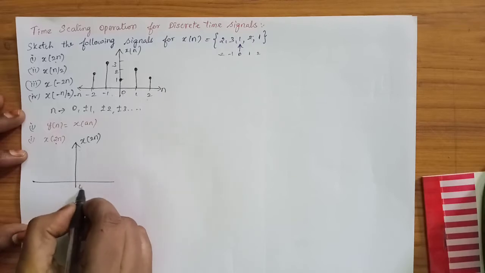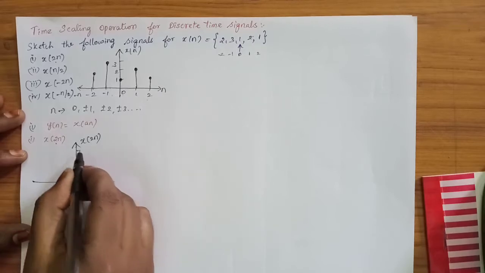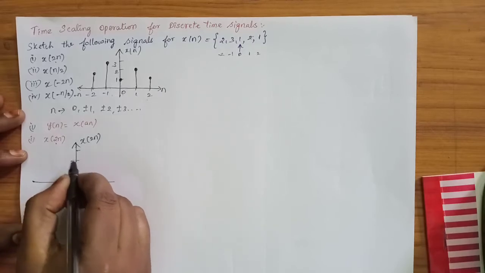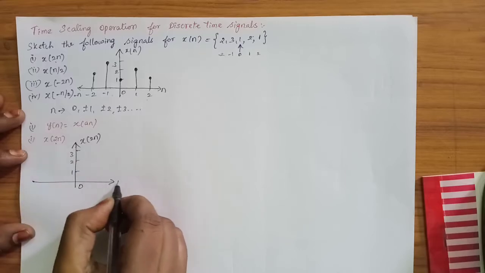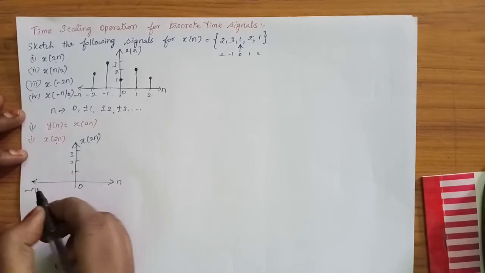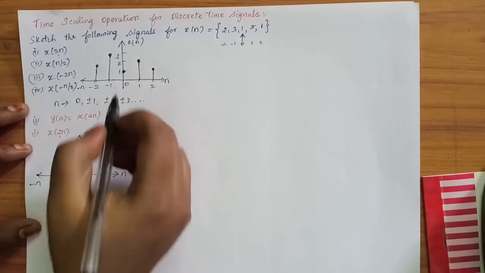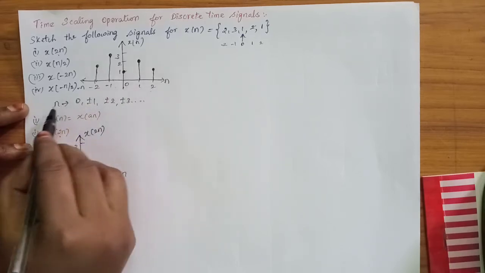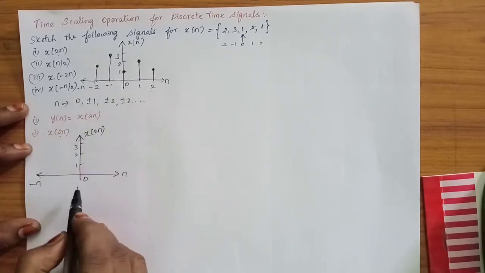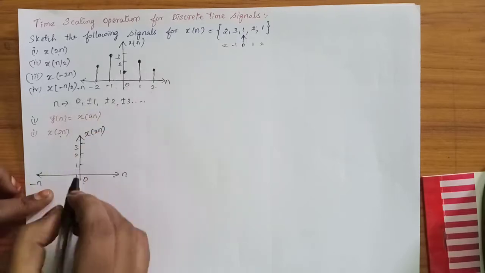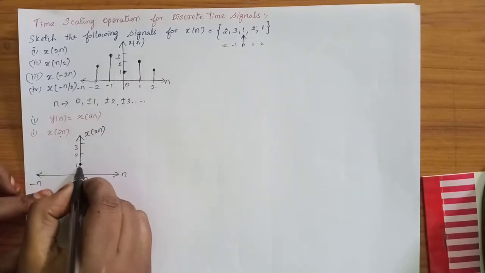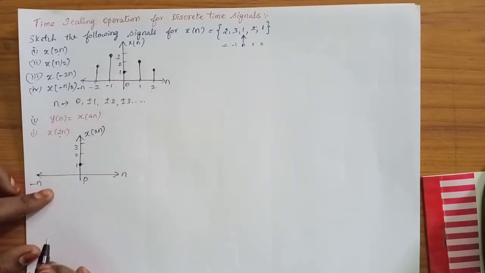X of 2n. Dividing the limits by 2, 0 by 2 is 0, so the sample will be present. At 0 its value is 1.